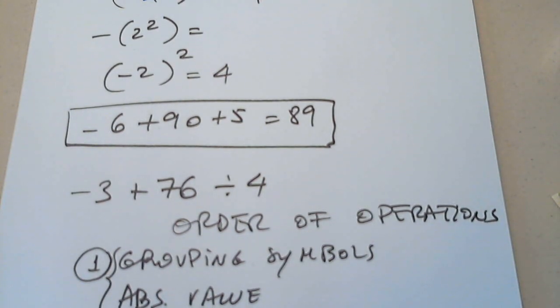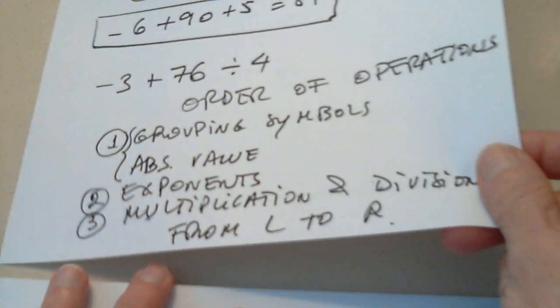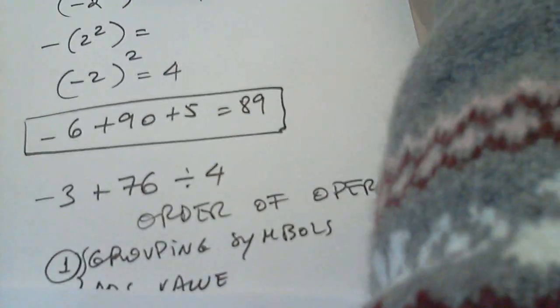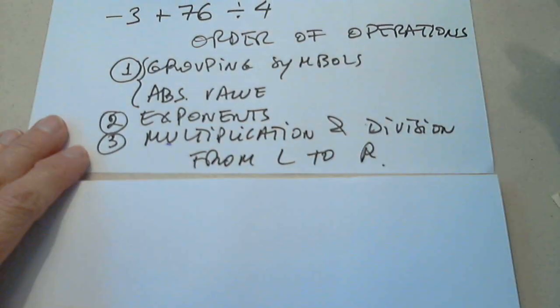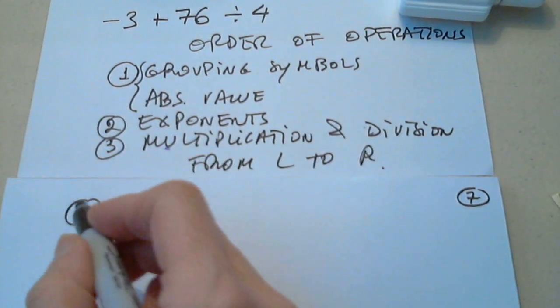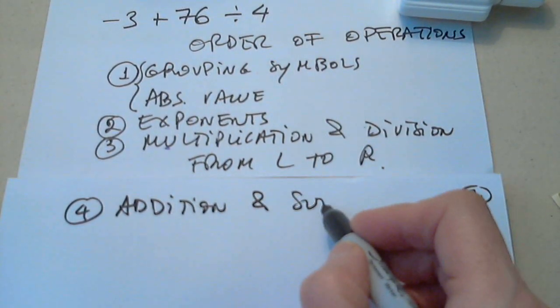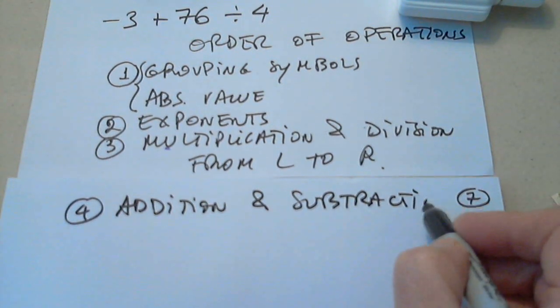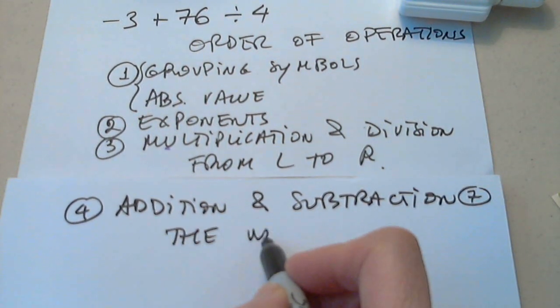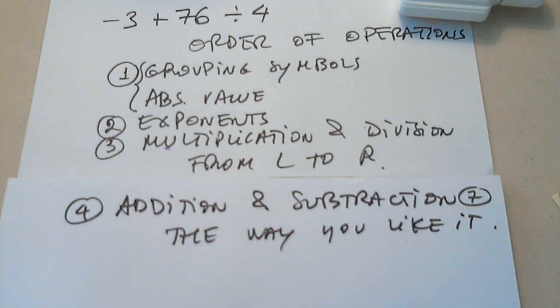This is mandatory. But step number 4 is addition and subtraction the way you like, not from left to right, as they claim. And we illustrated that many times already. So number 4, addition and subtraction, the way you like. You decide the order.